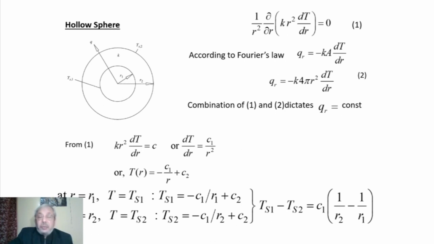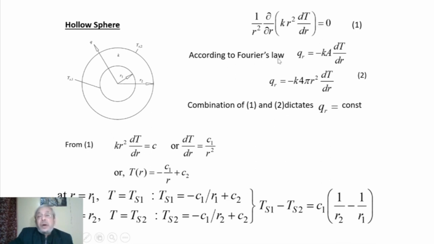In spherical polar geometry, with one-dimensional conduction in the R direction and no heat source, we can write 1 by R square del by del R of (K R square dT dR) equal to 0.